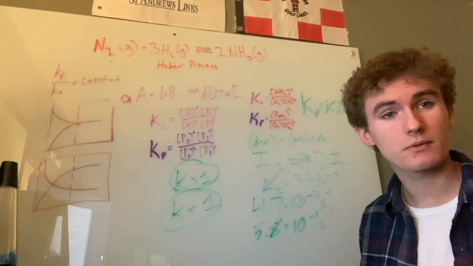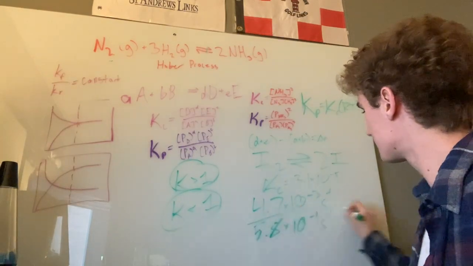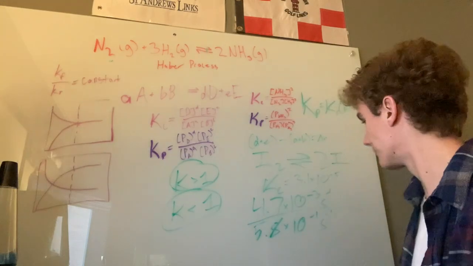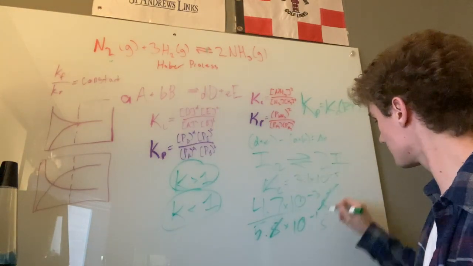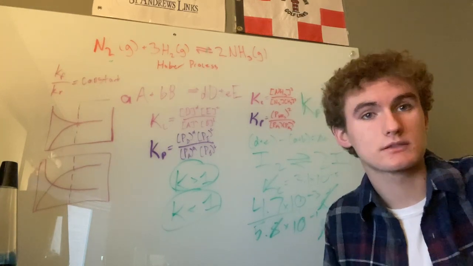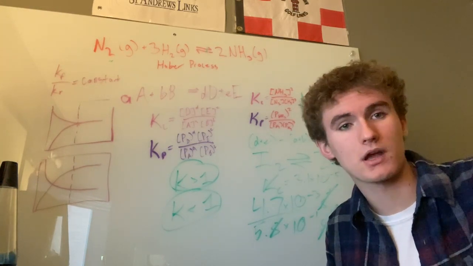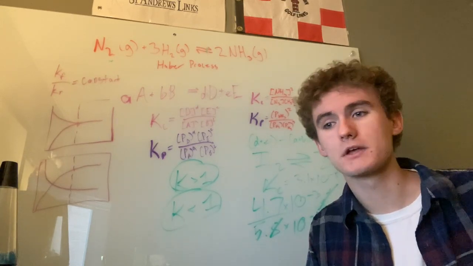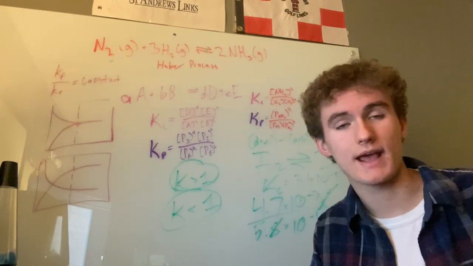So for this equation, we're going to simply divide the forward reaction by the reverse reaction, and that's going to cancel out this per second, which is common with these constants, is that they have no units attached to them.